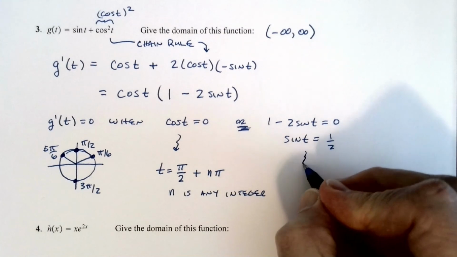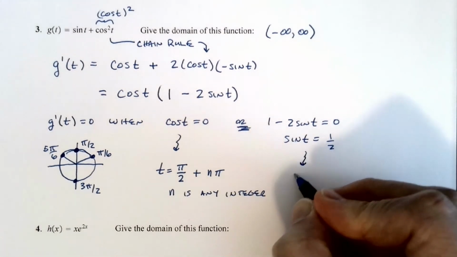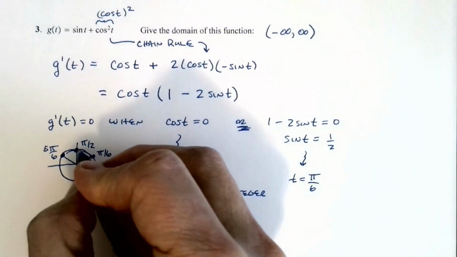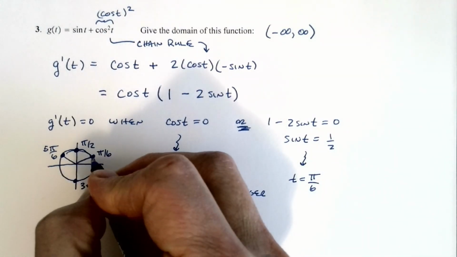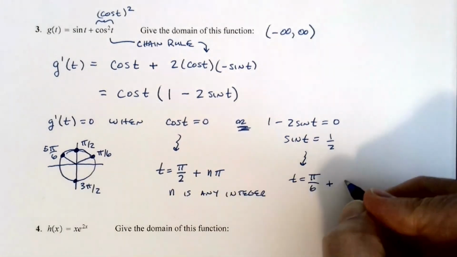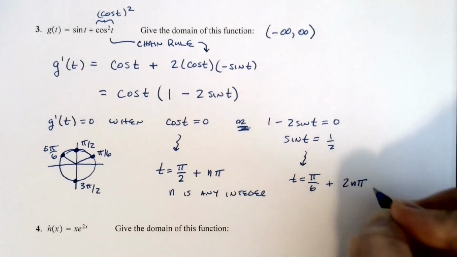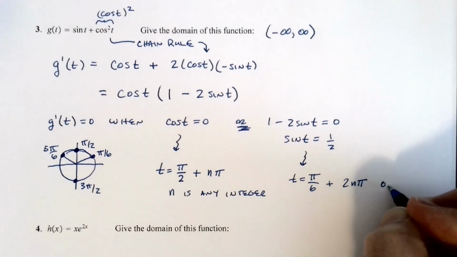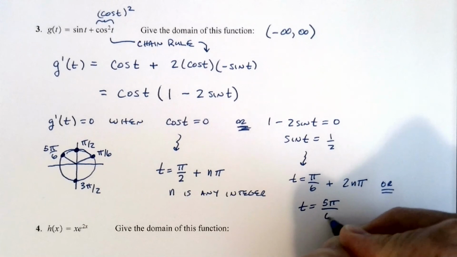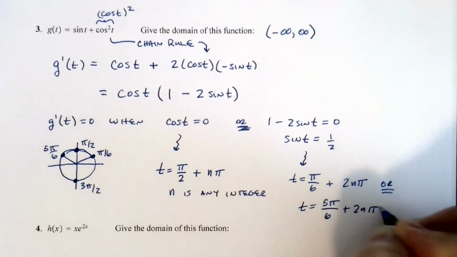So in that case, we would have to write that t is equal to pi over 6, and I can go all the way around, which is 2 pi, and I'll be right back there. So plus 2 pi, or 2n pi. Or t can be 5 pi over 6 plus 2n pi.